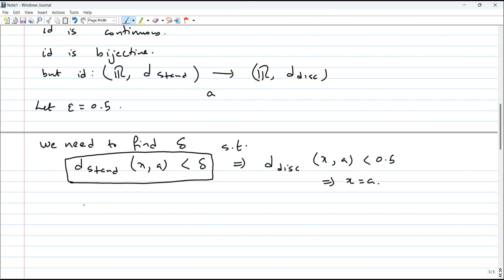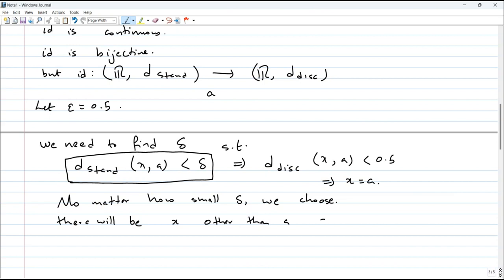So no matter how small delta we choose, as long as it's positive, and we want it to be positive, there will be x other than A satisfying the standard distance between x and A is less than delta.